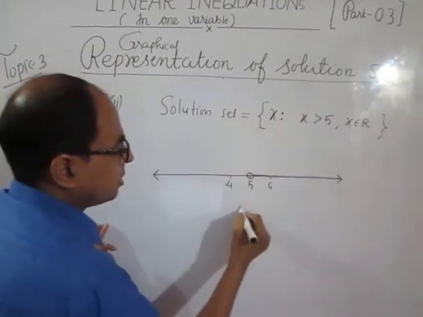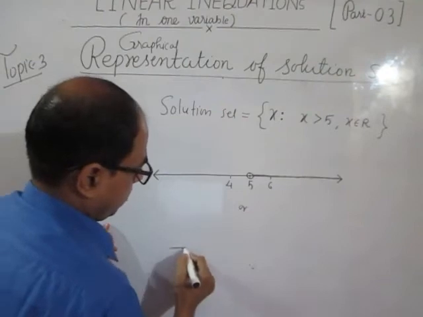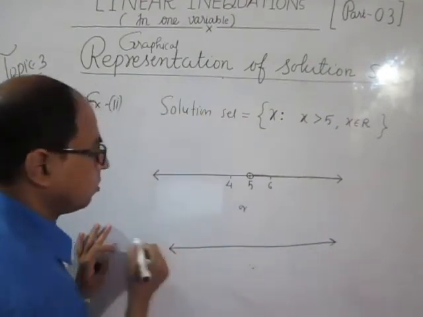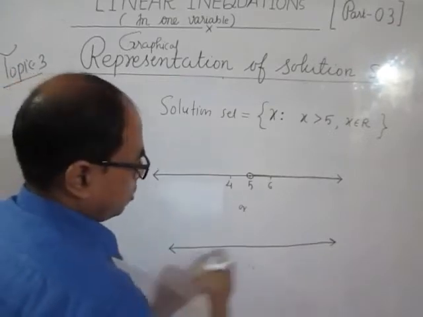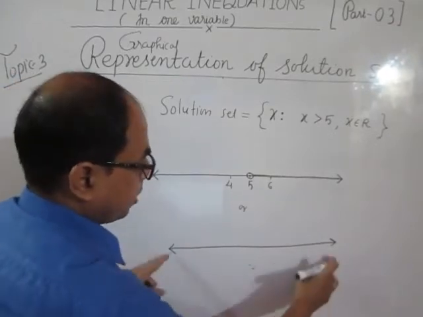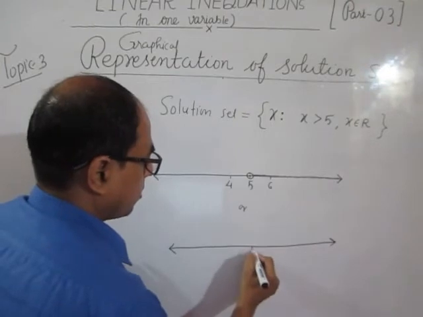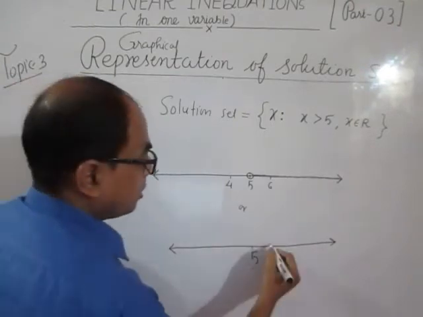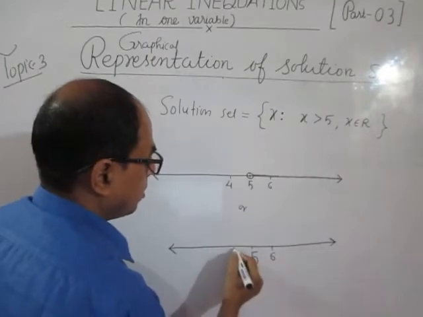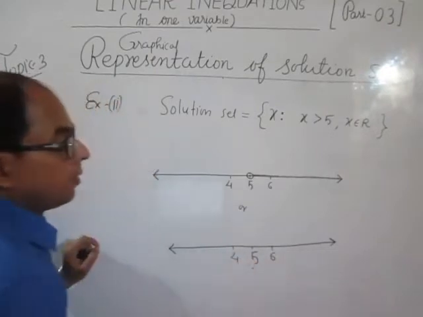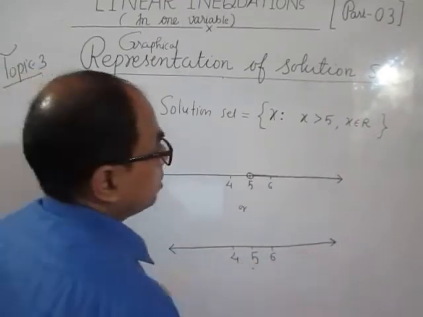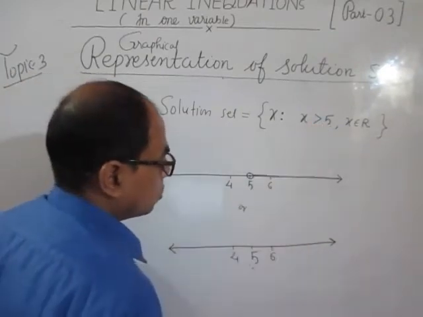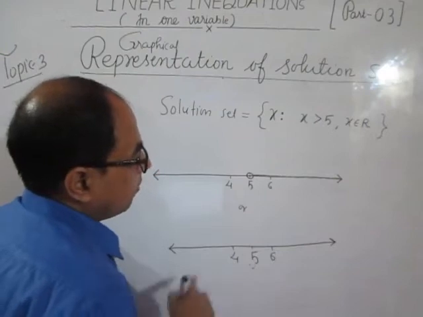We can represent this in this way also. So another way to represent this solution set graphically is, draw a real number line, put arrow at both ends. This is the end point of the solution. Now at least we have to write one number right and one number left. If you want to write some more numbers, it is your choice. Now 5 is not included. So for not included, we have two options.